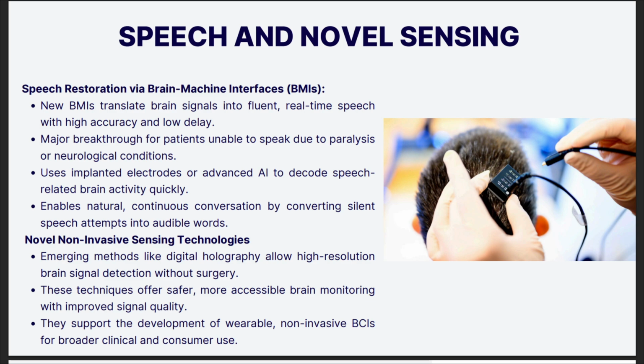This is a breakthrough because it allows patients to engage in natural, continuous conversation where even silent attempts to speak are converted into audible words. The way this works is through implanted electrodes or advanced AI algorithms that decode brain activity linked to speech.